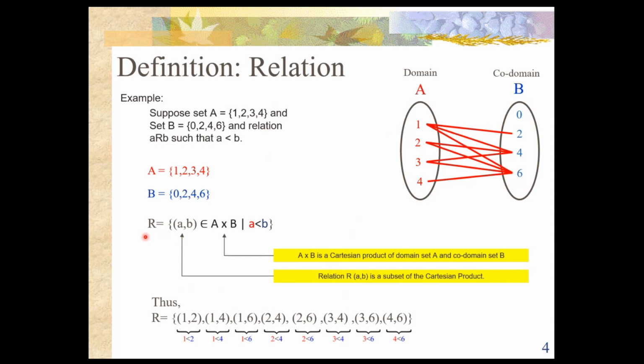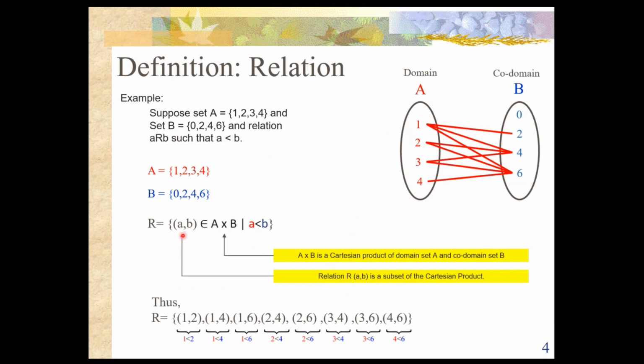In this example, we are using the letter R. Then, draw curly braces. First, we define the sets and the elements. And then after this type symbol, we'll define the constraint or the pattern of the relations.